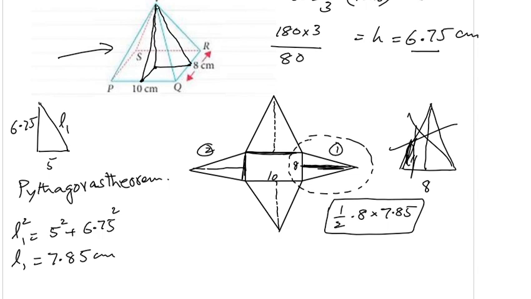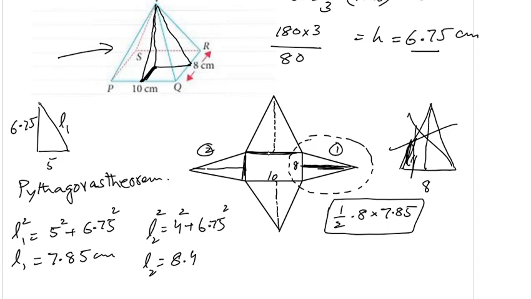When we join this midpoint to the apex V, we have to use the Pythagoras theorem again for L2 square equals, now this length is half of this 8, so it is 4 square plus 6.75 square. And by solving this, L2 is equal to 8.4001. 8.4, we can just write this.